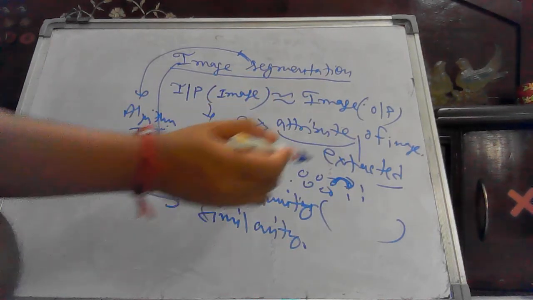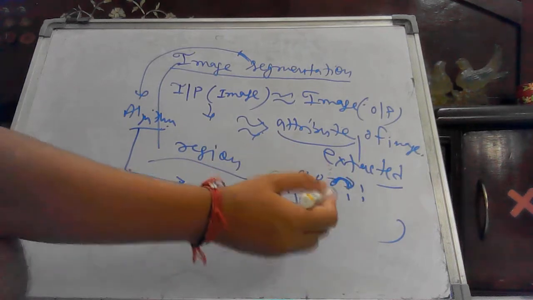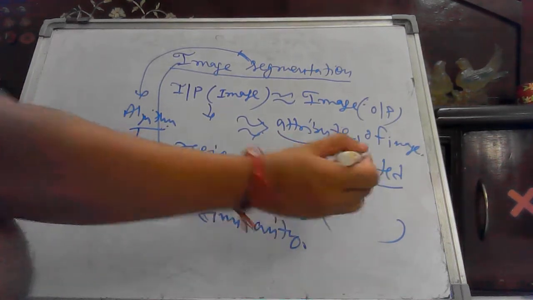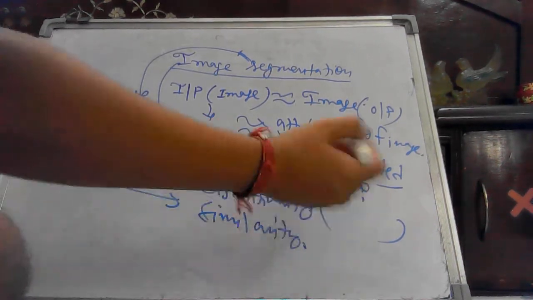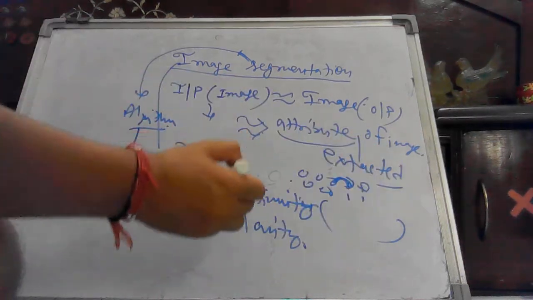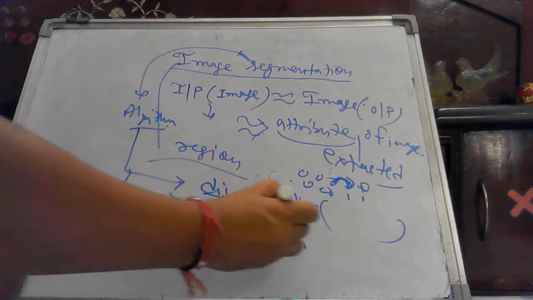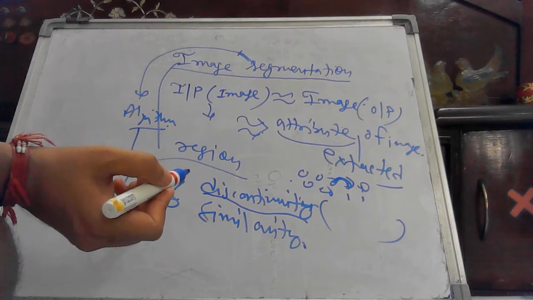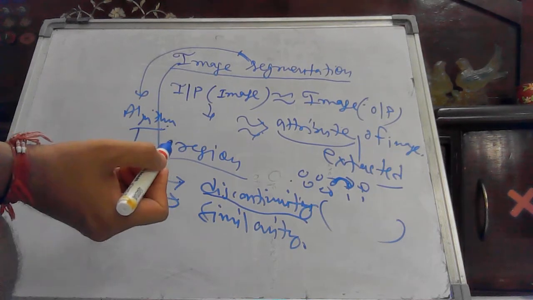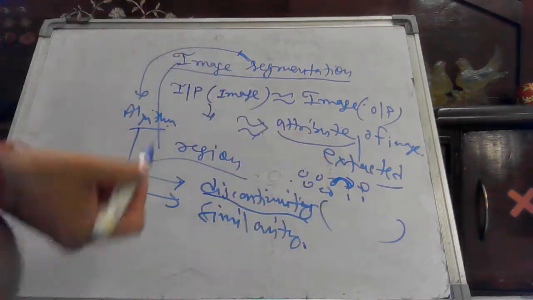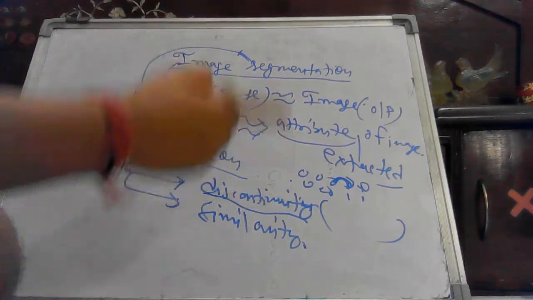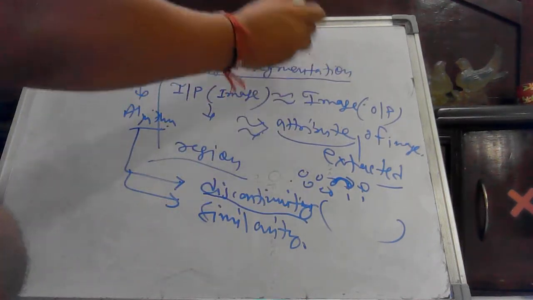If this is the case, you say there is discontinuity in your image. Or 1 was there and then it was 0. So for different gray levels you will have different values. Whenever there are abrupt changes in your intensity values, you say you are getting edges, a point or a line.